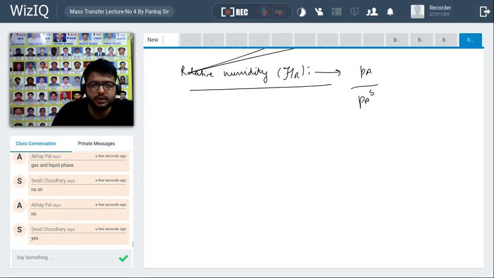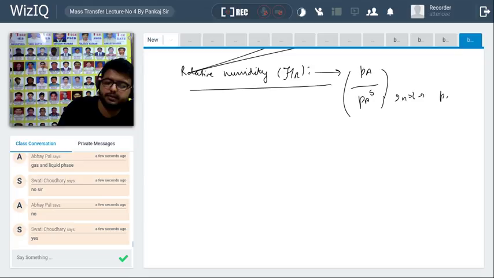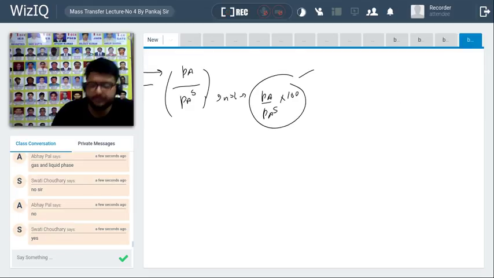It is known as the relative humidity when expressed in terms of mole fraction or the fraction. In percentage, it will be equal to Pa upon Pas into 100. There will be some questions based upon this concept, so you need to think clearly about it.